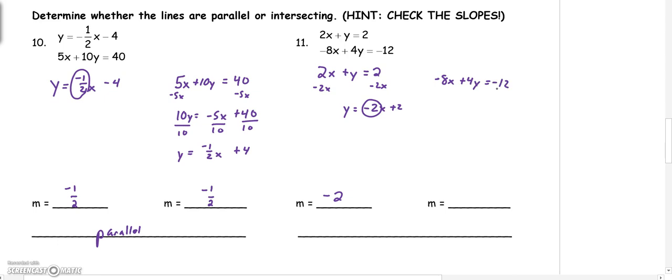So I need to solve for y again. I'm going to add 8x to both sides. 4y equals 8x minus 12. Divide by 4. Y equals 2x minus 3. So here my slope is 2. Because the slopes are not the same number with the same sign, this means that the lines are just intersecting.